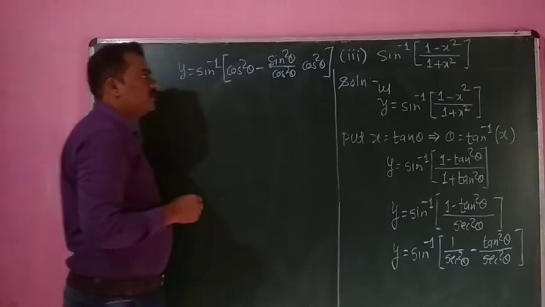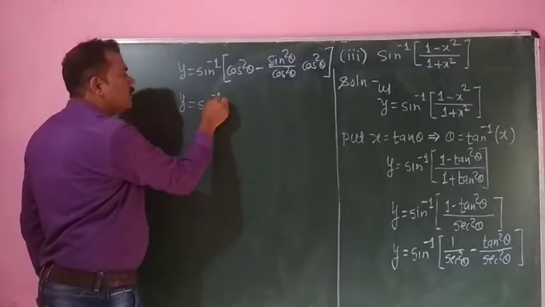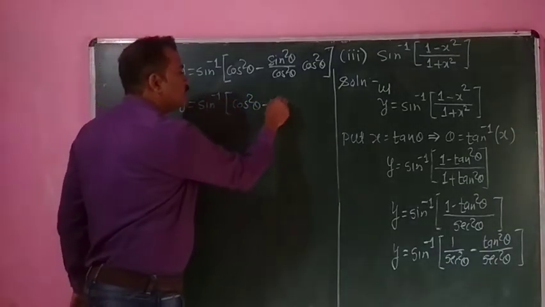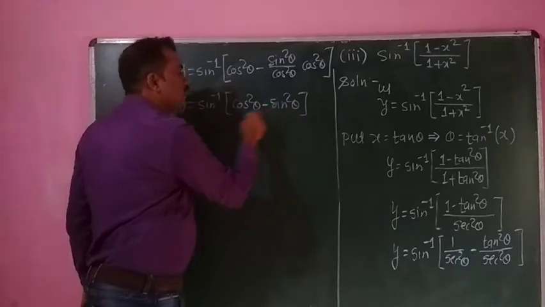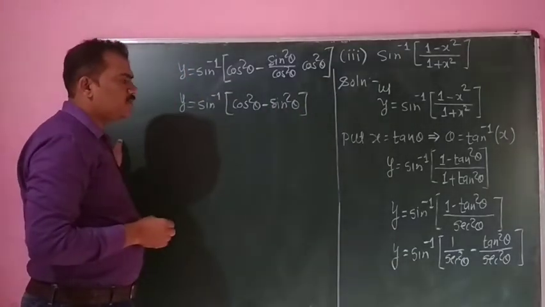Cos square theta gets cancelled, so that we get y is equal to sin inverse of cos square theta minus sin square theta.